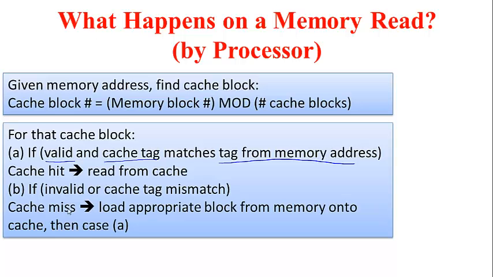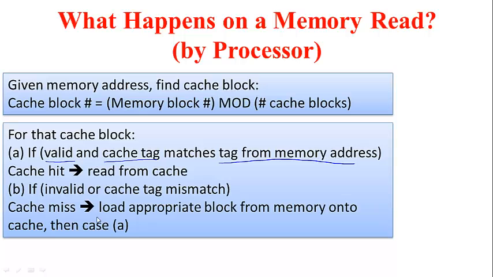On the other hand, if the earlier condition check fails, that is, if the valid bit is not set or if the cache tag is not matching, that means that that particular cache block does not have the data that we are looking for. This is an indication of a cache miss, in which case we need to load the appropriate block from memory onto that cache block and then go back to the case of cache hit.